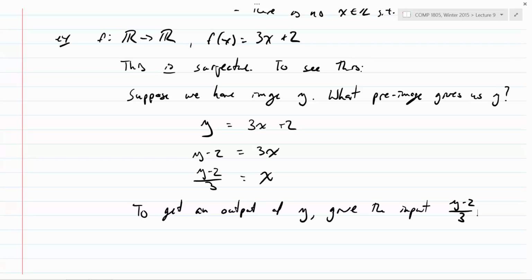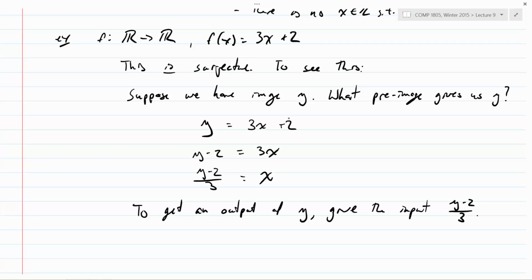No, right? I could put in minus 1, and it would give me minus 3 plus 2, which is minus 1. The next one it would give me is 2. So I can't actually get 1 out of that if I insist on going from integers to integers. So this is another case where you have to be careful with what the function is doing.